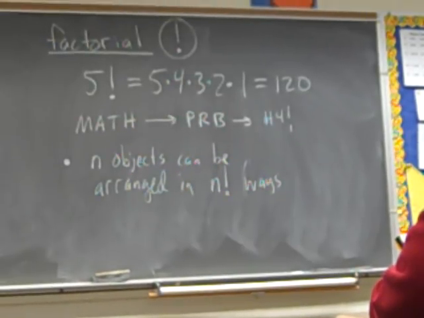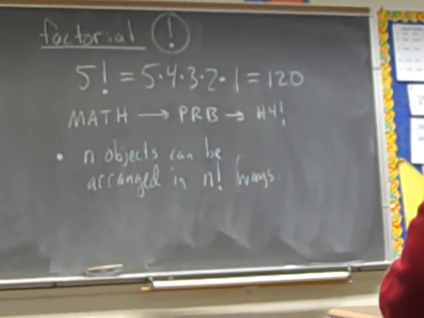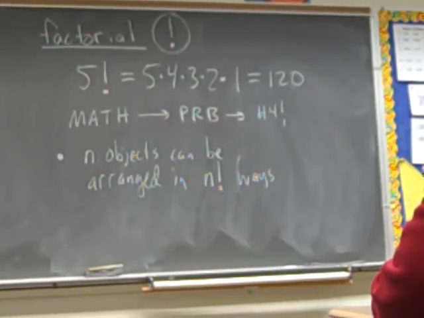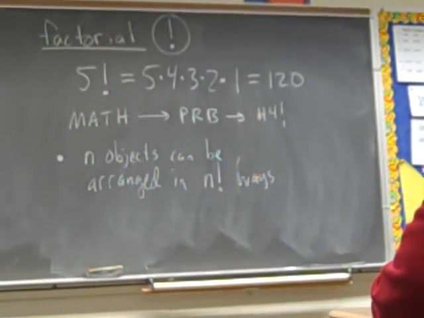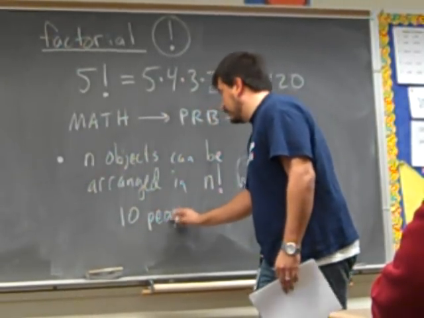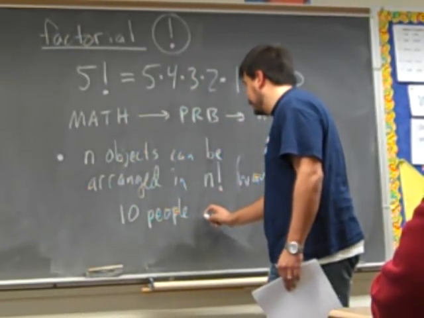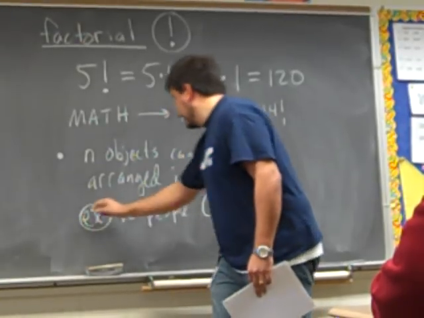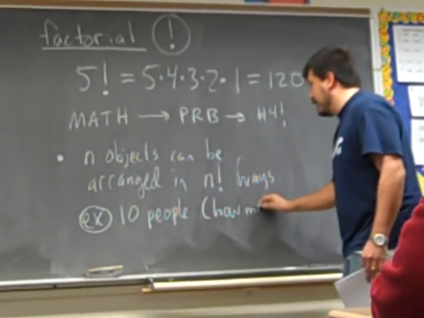So if I chose 10 of you to be 10 random objects, we could line you up in lots of different ways, lots of different arrangements. So for example, 10 people, if we lined them up, how many orders can we line them up in?